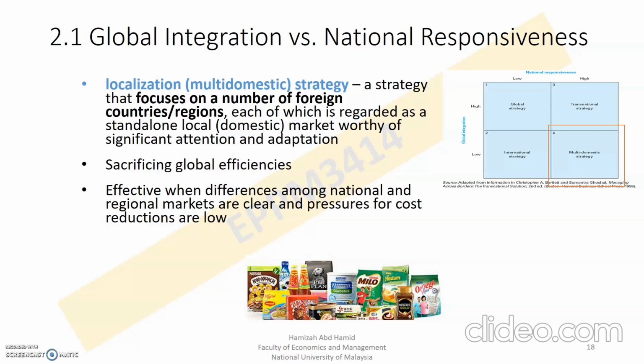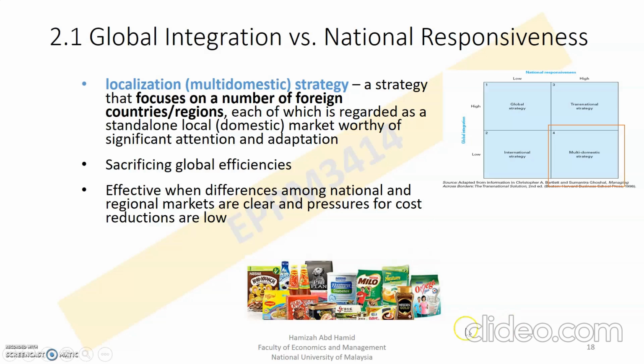For instance, Nestle, as a food company, the pressure for national responsiveness is high because they need to cater to different tastes. The pressure for global integration is low, not zero, but low, because it is likely that Nestle has region-based or country-based manufacturing operations.